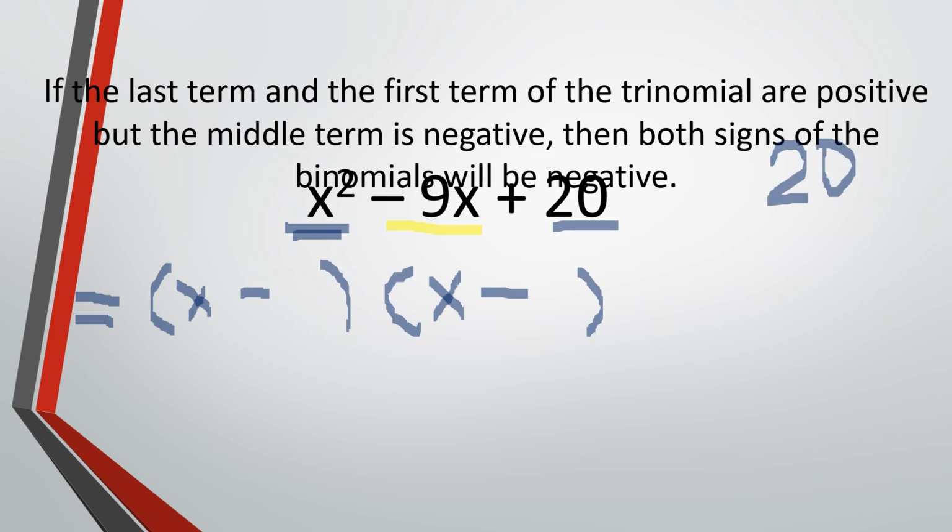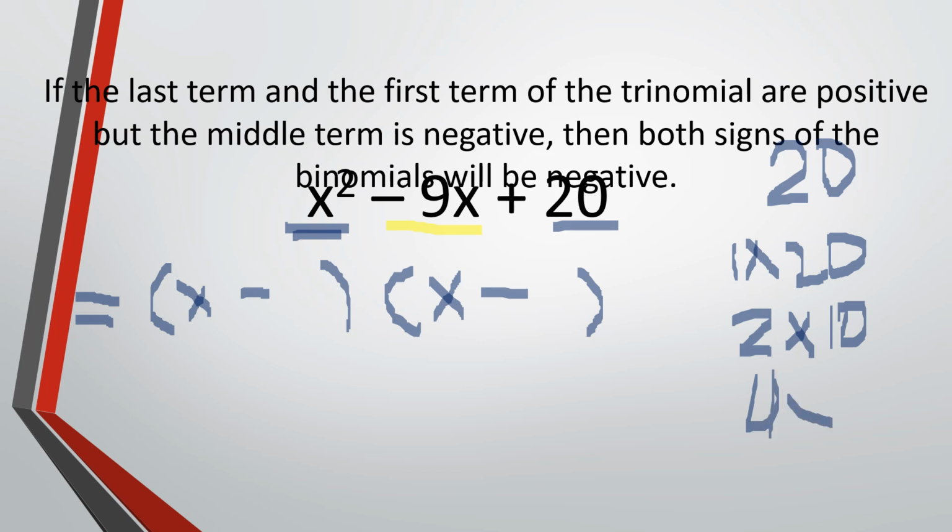We have 1 and 20. We have 2 and 10. We have 4 and 5, 5 and 4, 10 and 2, 20 and 1.